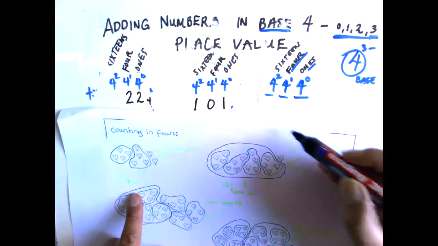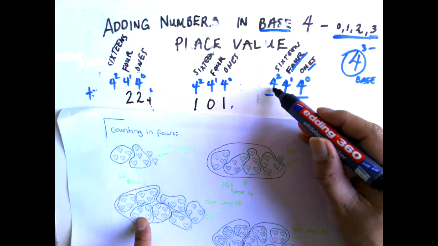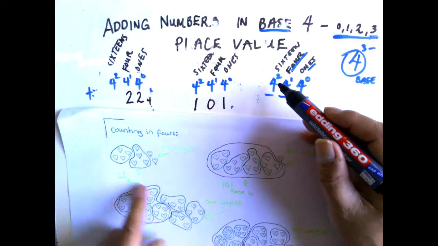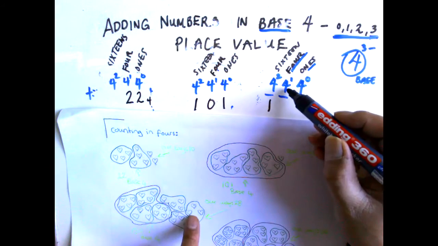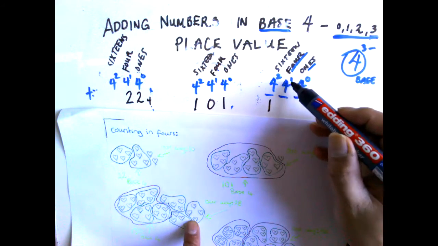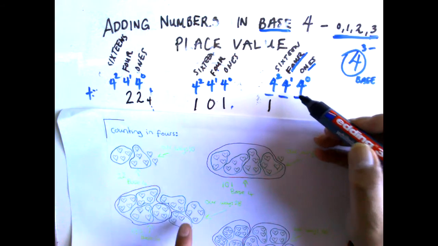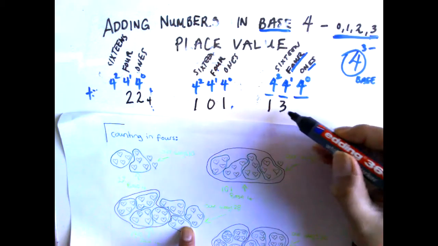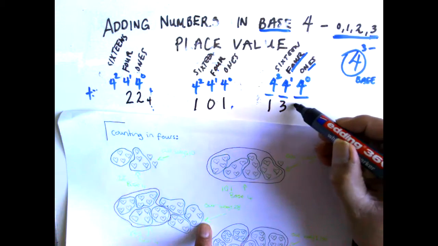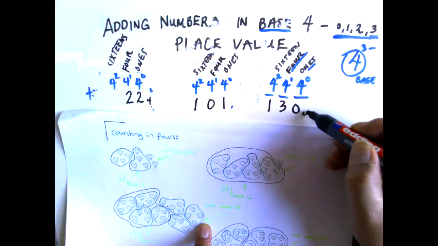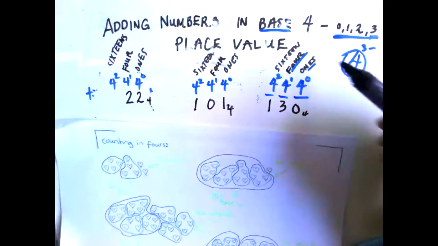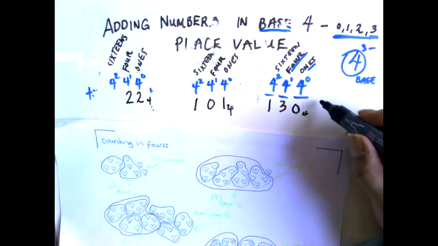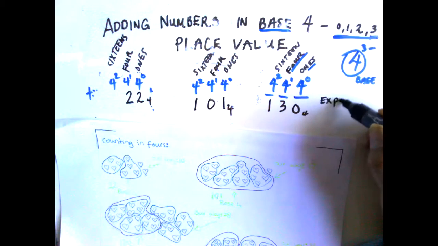And here, how many groups of 16, how many 4 raised to the power of 2? There's 1. And how many 4 raised to the power of 1? It's 1, 2, 3. And there's nothing here. So this is what it all means. So now we just related the place value in terms of exponents.